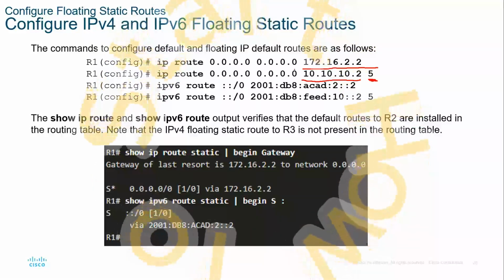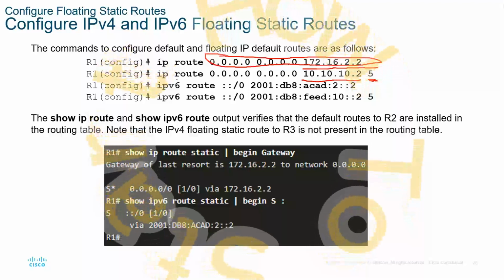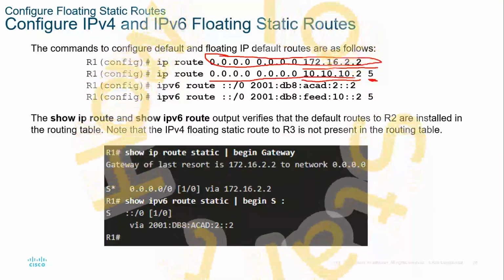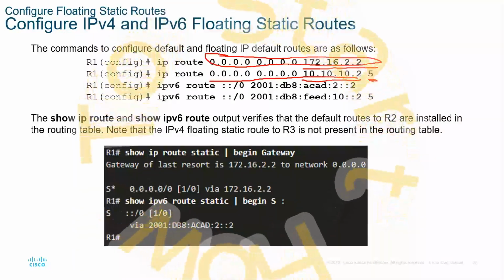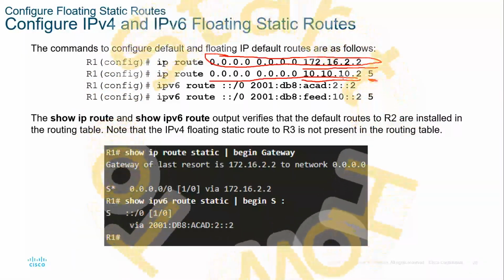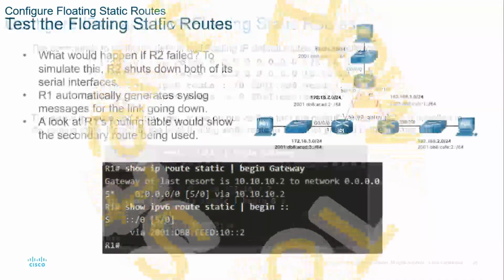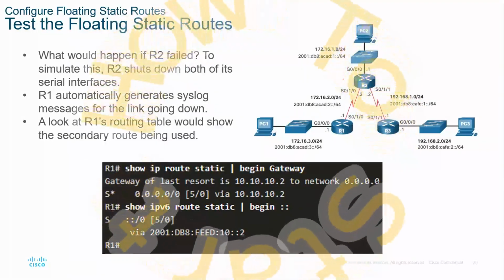If the first route, if this guy goes down, it's no longer working, this route will be installed in the routing table. That way we have a route to disseminate to everyone else. We still have an exit interface. Here's an example of how we would configure it and test it.